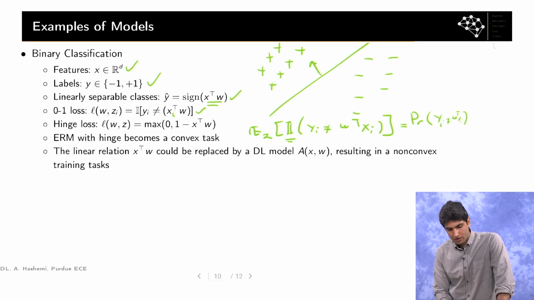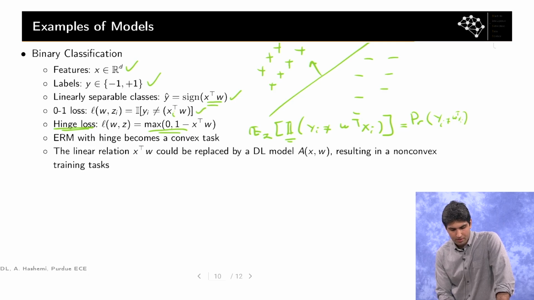Therefore, what we typically do is to replace this loss with the best convex approximation that we can design. And that approximation is called the hinge loss. Okay? So hinge loss is nothing but an approximation to the 0-1 loss, and it takes the following form. Okay, so the max between 0 and 1 minus the inner product between x and w. Okay.